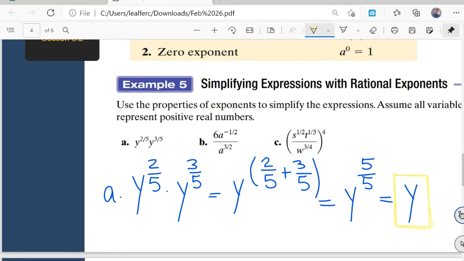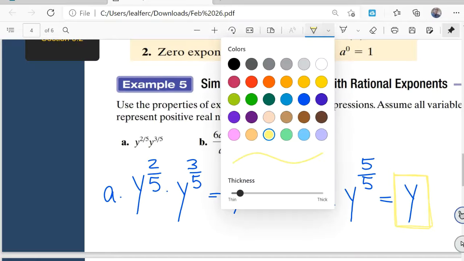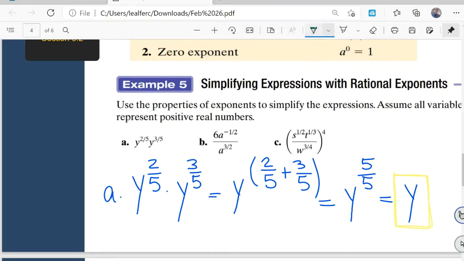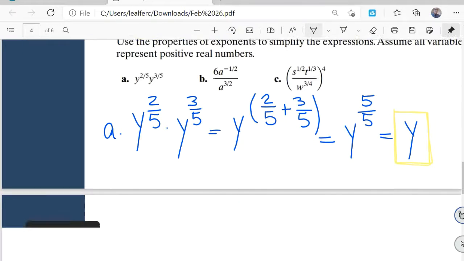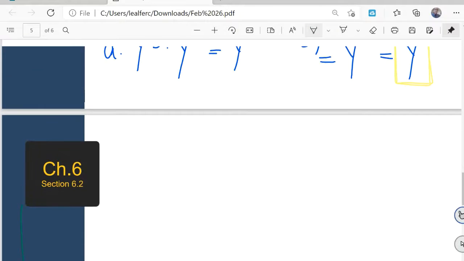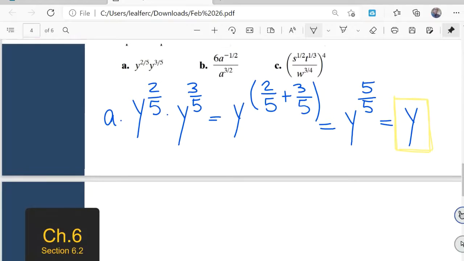Good, because we've checked the table and we look at it is a multiplication of like bases. We have to add the exponents. Now let's check letter B. Letter B is another situation. Let me rewrite this here at the bottom.